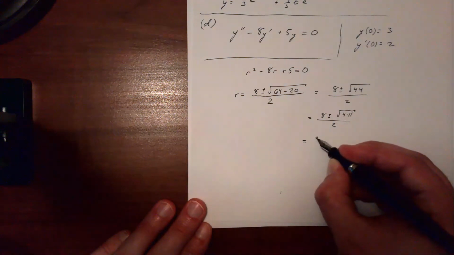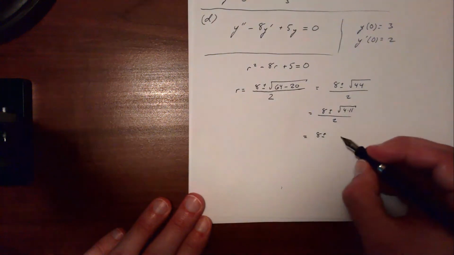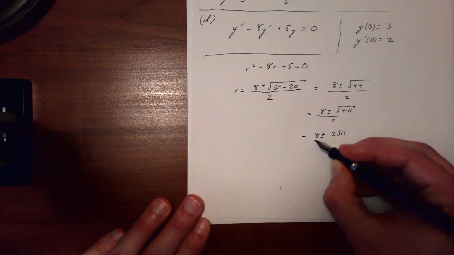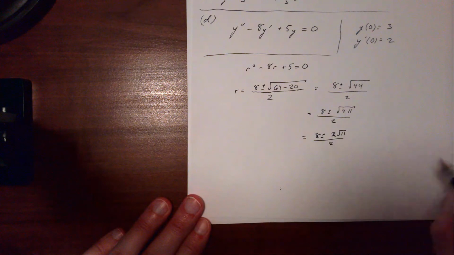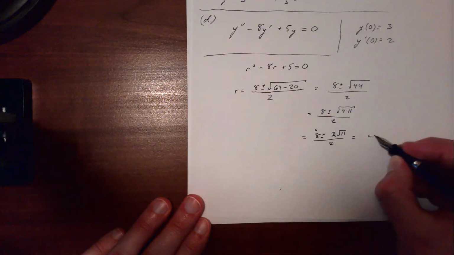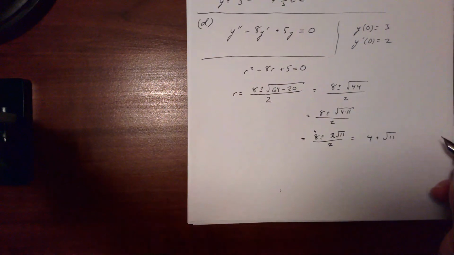The square root of 4 times 11 is the same as root 4 root 11, so it's going to be 2 root 11, all divided by 2, and here we can distribute that 2, and we get r equals 4 plus or minus the square root of 11.